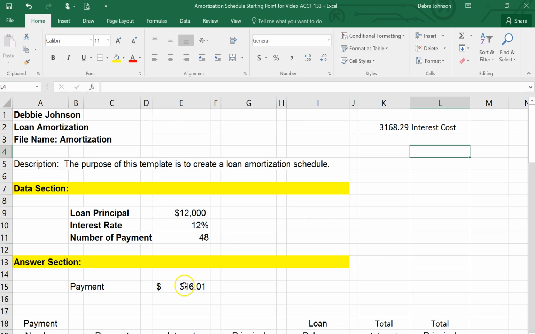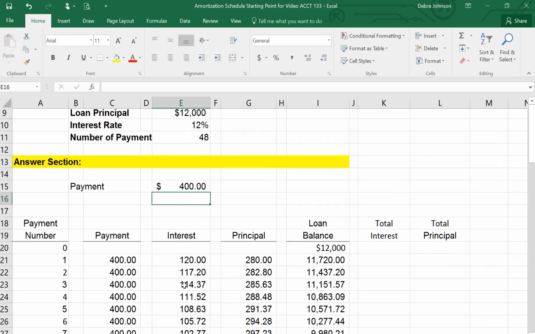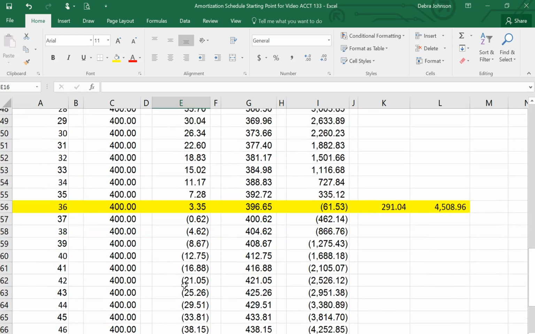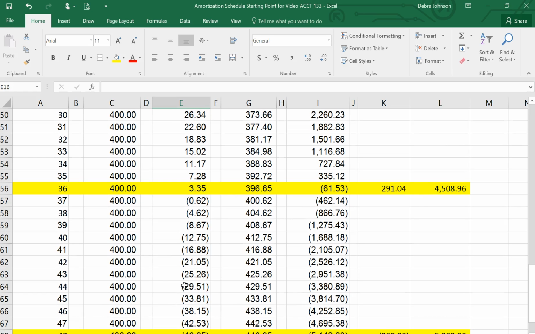Let's change our payment now to be $400 and see if we can use the amortization schedule to see how much such a loan would cost us in interest. So I'm changing the payment amount to $400. Now I'm looking at the new amortization schedule that should have updated all on its own.